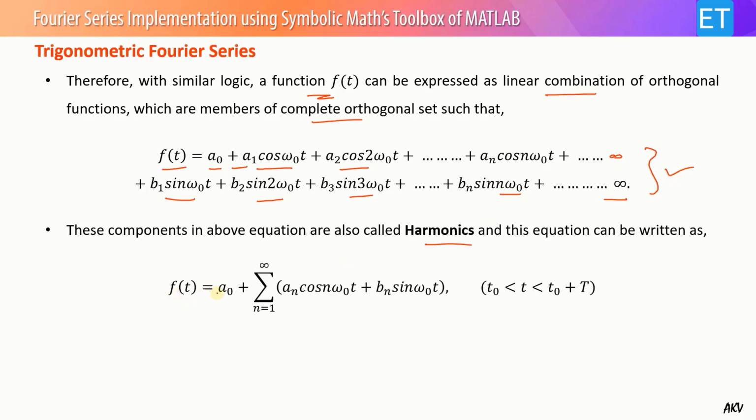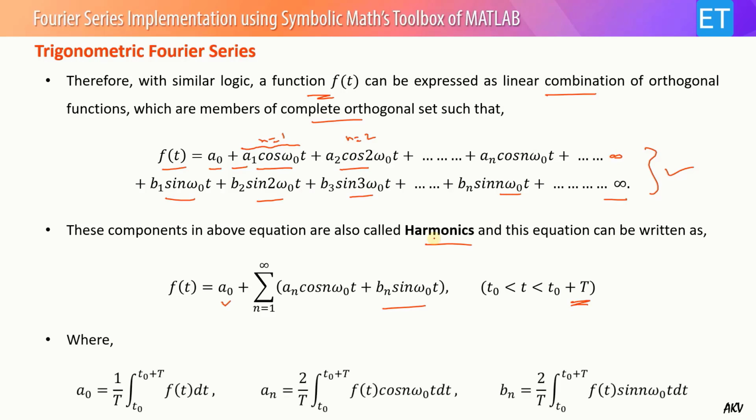So f(t) equals a0 plus sigma n equal to 1 to infinity of an cos(n omega naught t) plus bn sin(n omega naught t) for the interval T. So here you can see that sigma is varying from n equal to 1 to infinity. Obviously here for this term your n is 1, and this is for n equal to 2 and so on. Okay, and here you can find this a0 by this equation.